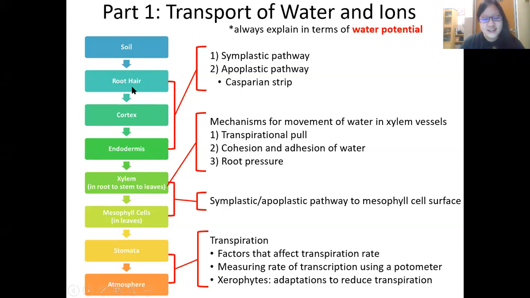From the root hair into the cortex, symplastic and apoplastic pathways are used. But at the endodermis, the Casparian strip is present, and therefore the apoplast pathway is blocked, and the symplast pathway is not blocked. It is open. And then it can go down the water potential again into the xylem. In the xylem, water is transported from the root to the stem to the leaves.